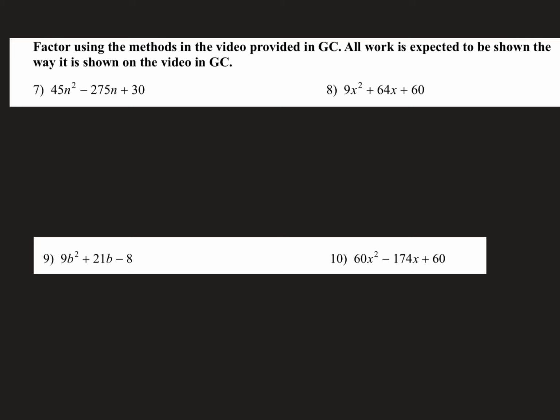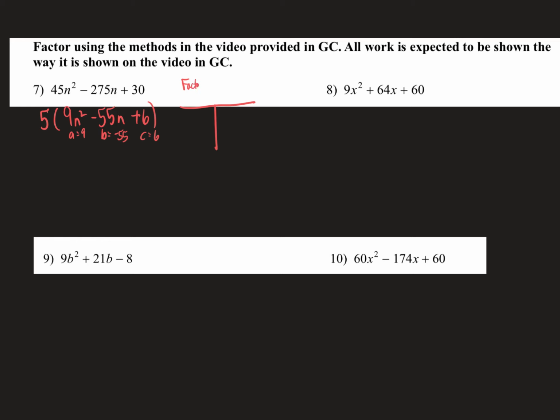So 9n, I'm just going to go ahead and write that. 5 times 9n squared minus 55n plus 6. And that is the biggest common factor. So A is 9, B is -55, C is 6.